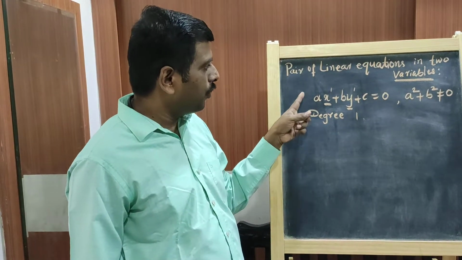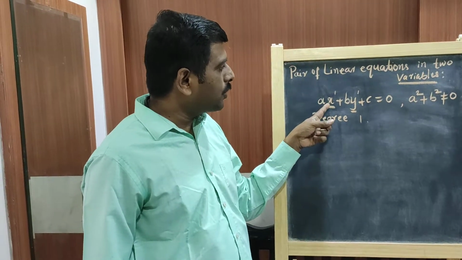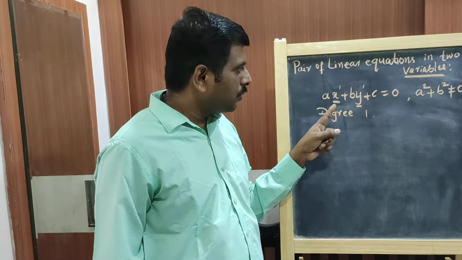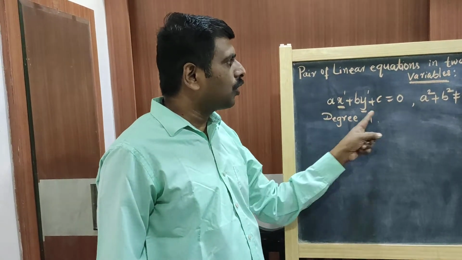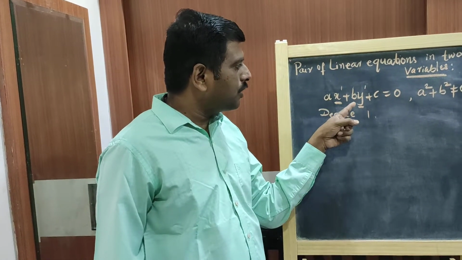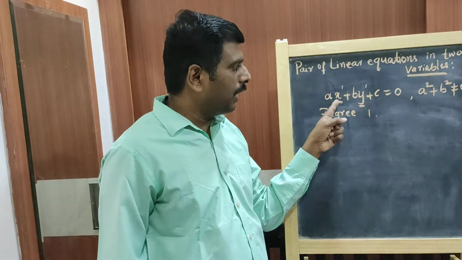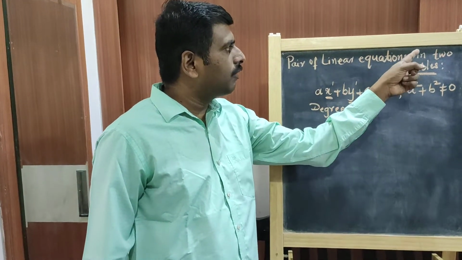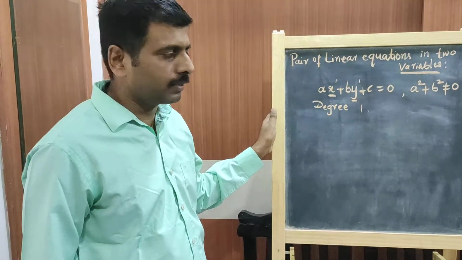So here, if you observe, the highest power of x is 1 and the highest power of y is 1. So this equation is called a linear equation, and it contains two unknowns, so two variables. So this is called a linear equation in two variables.